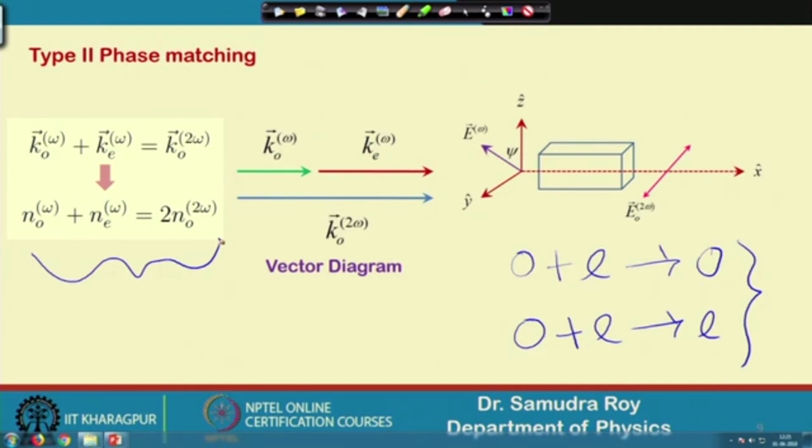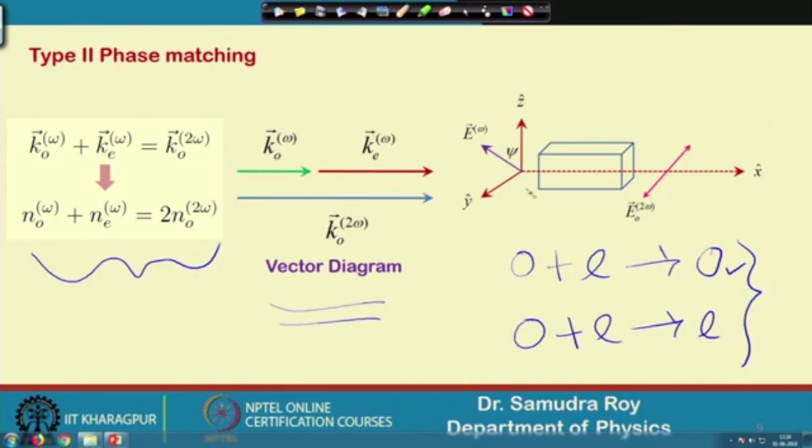If we plot the vector diagram, we can see that one ordinary, one extraordinary wave can merge to generate one ordinary wave. And in the figure also we can see that if I launch an electric field in this direction, when it passes through the system, if it generates the electric field which is ordinary in nature, then it will vibrate along this direction.